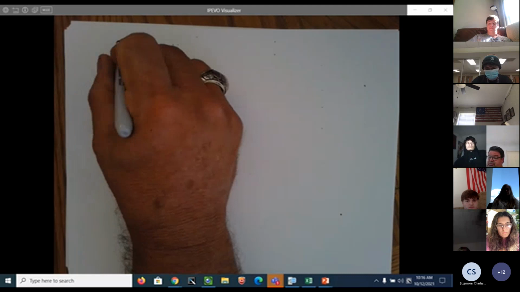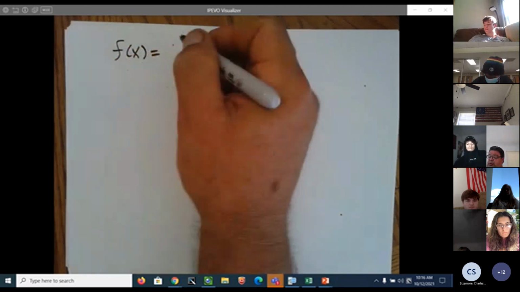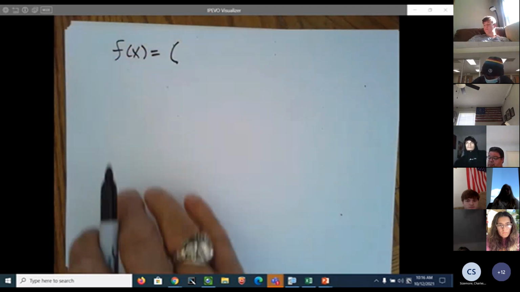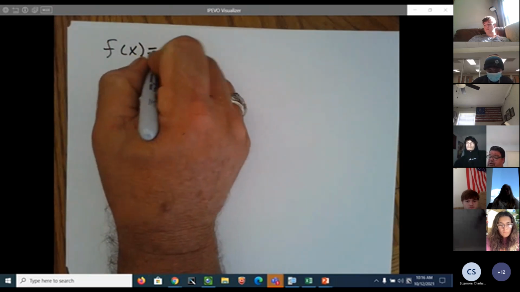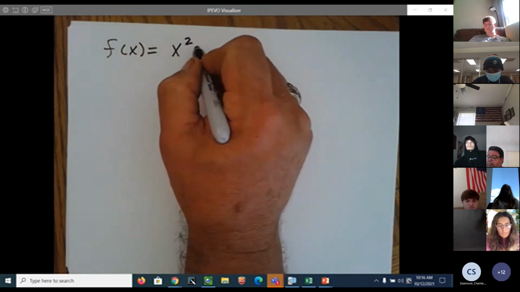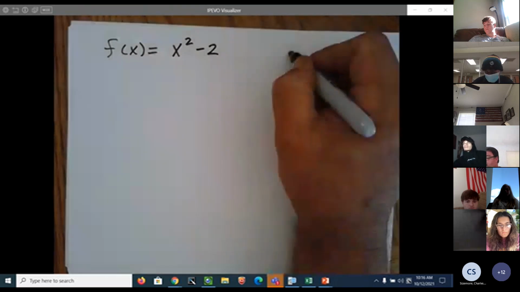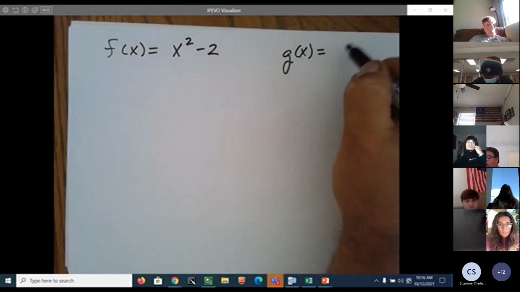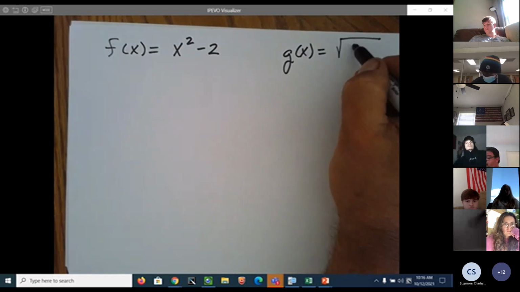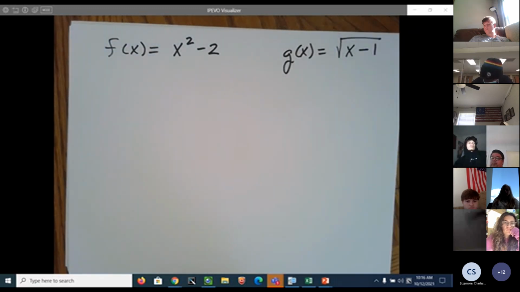F of x is equal to x squared minus 2, and g of x is equal to the square root of x minus 1.